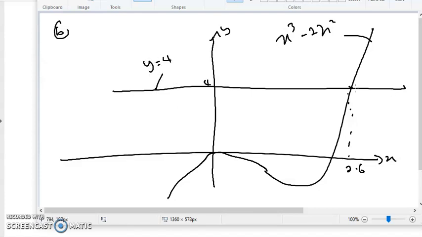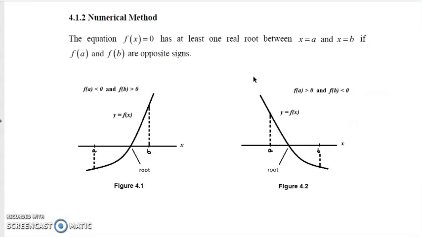The intersection point is somewhere over here, approximately 2.6. I'm going to say it again: it is really helpful if you have graph paper. Just try to plot when x is equal to 1, 2, 3, 4 and so on, and see what you get. So there you are.